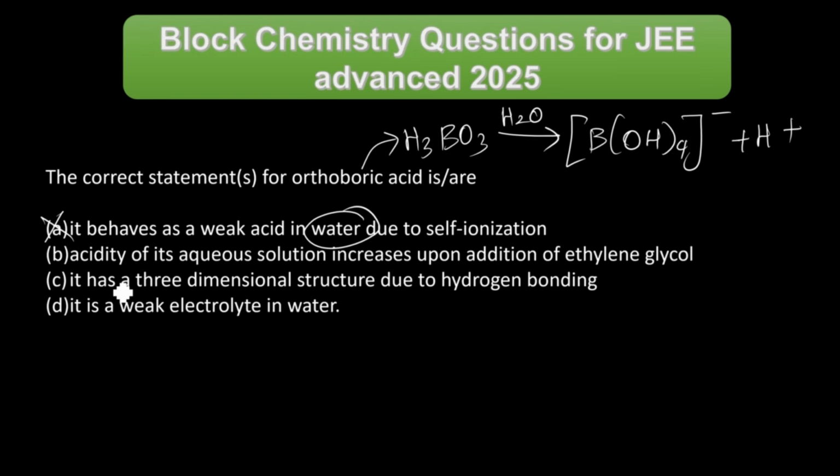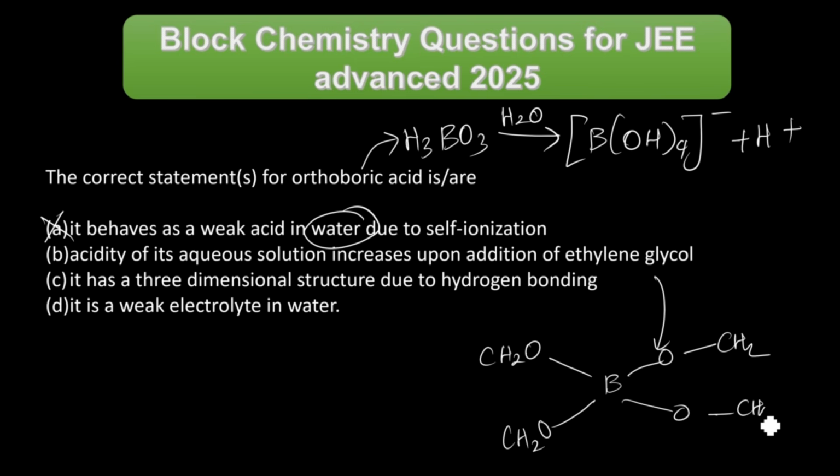Then acidity of its aqueous solution increases upon addition of ethylene glycol. Okay, so if I'm adding ethylene glycol, it will form a structure like this, with CH2O bonded with boron and another CH2O. Because of this, the acidity will increase.